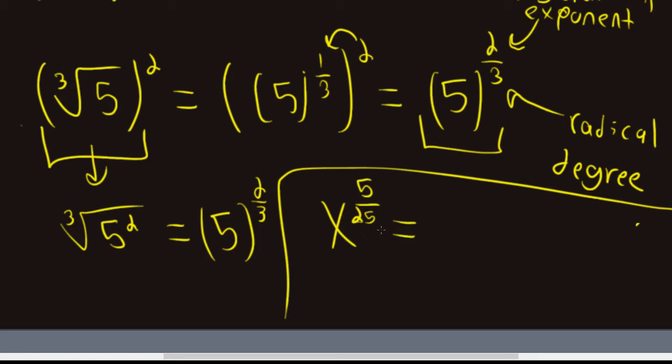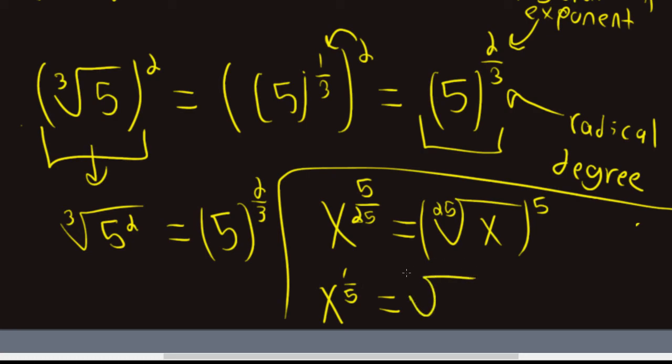Well, that would be the same thing as the 25th root of x raised to the 5th power. Or you could actually simplify this fraction to 1 over 5 and realize that this is also equal to simply the 5th root of x.